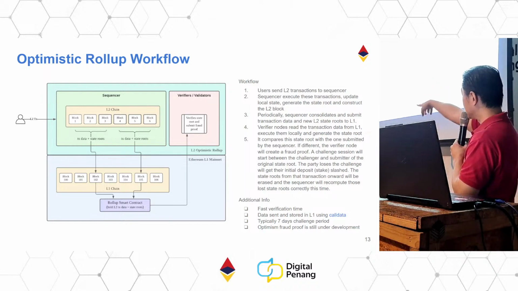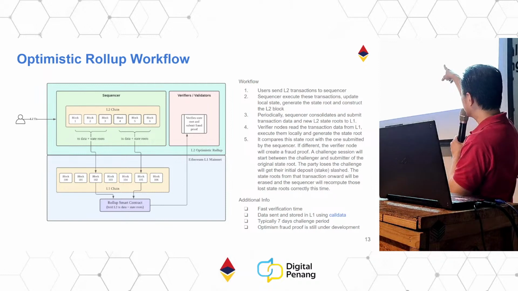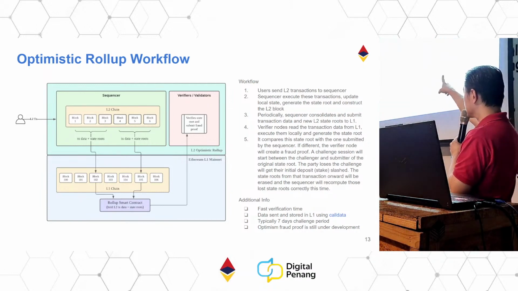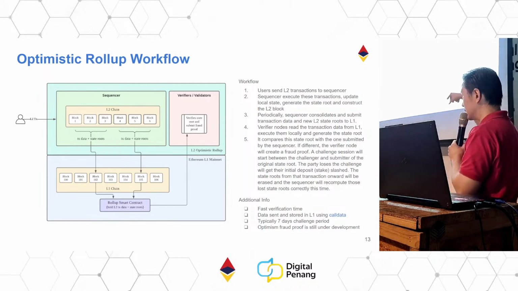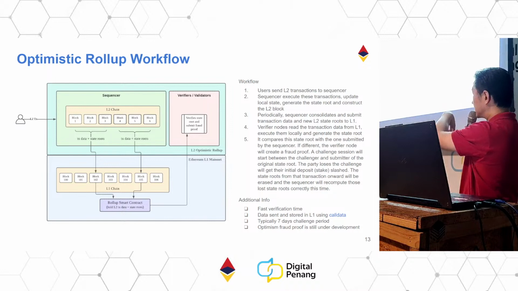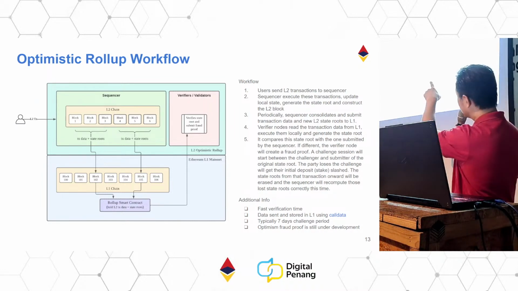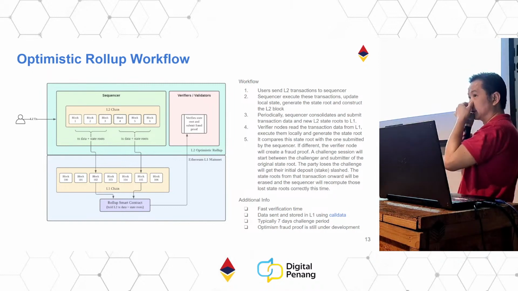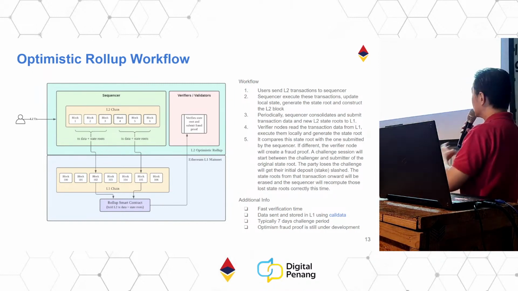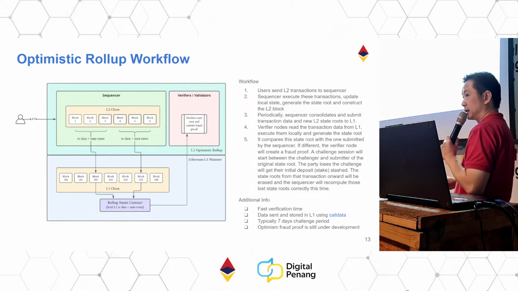So once it is sent over to layer one to store there, then there will be verifier nodes, right? They come in and read the transaction data, generate or update their own states, generate the state roots, and compare the state roots with the one that is submitted by the sequencer. If the comparison fails, that means the sequencer might be sending invalid state roots, right?